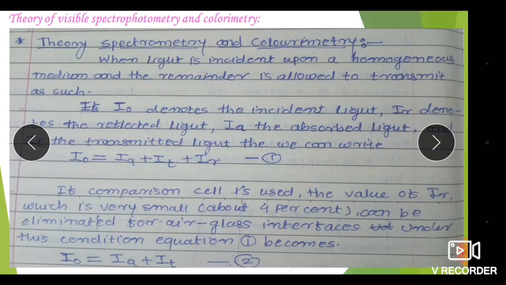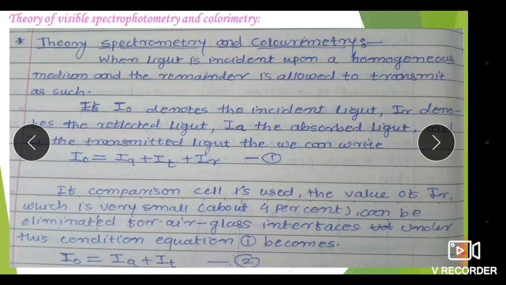When light is incident upon a homogeneous medium, some amount of light gets absorbed and some amount of light gets transmitted. So I0 denotes the incident light, IR denotes the reflected light, IA the absorbed light, and IT the transmitted light.